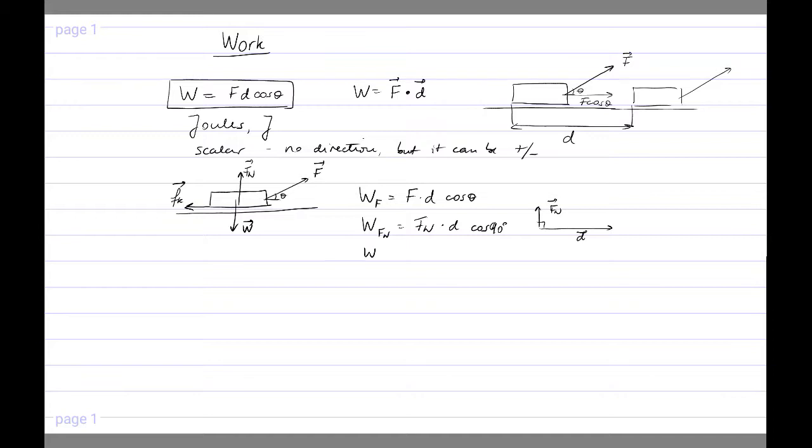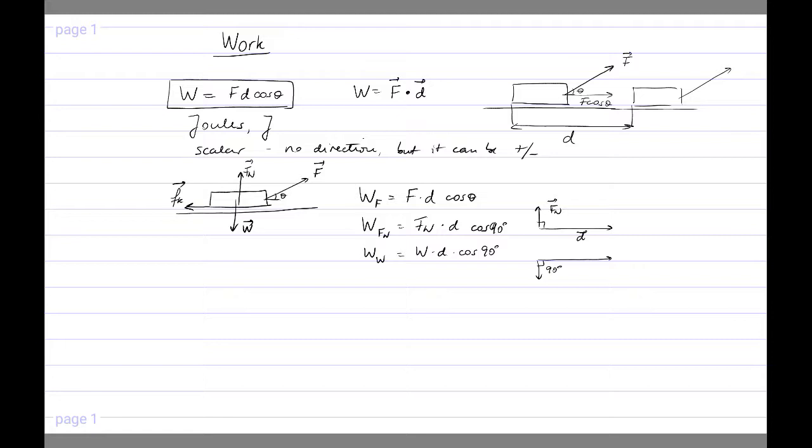The work done by the weight is going to be weight times displacement times the angle between displacement and weight, which is again 90 degrees, so we have cosine 90 degrees.